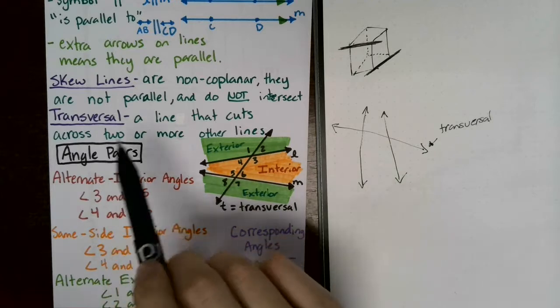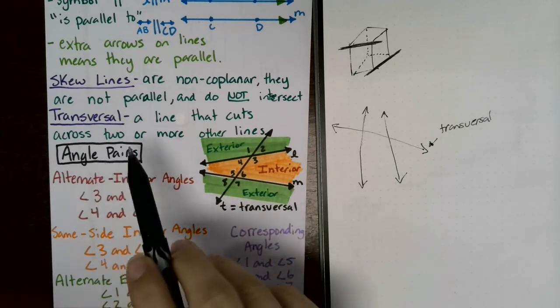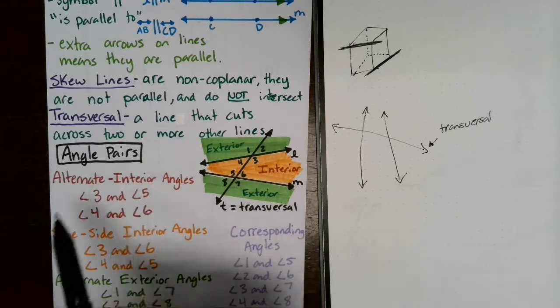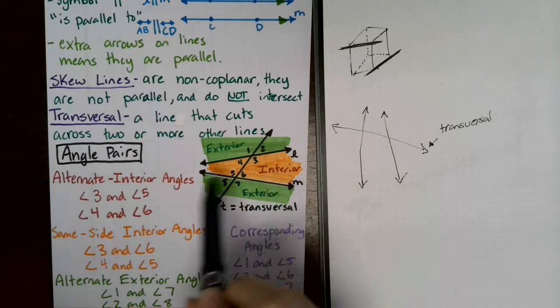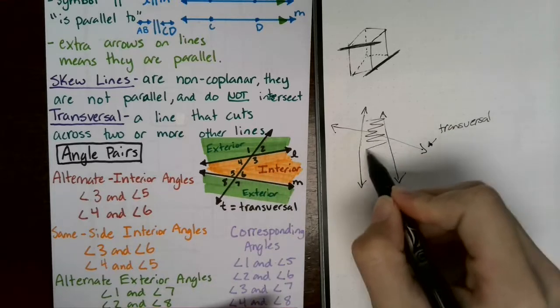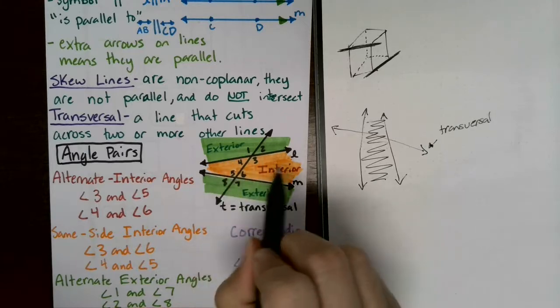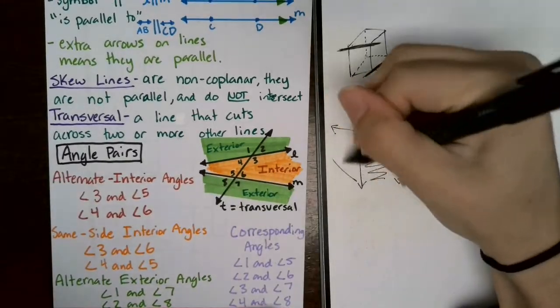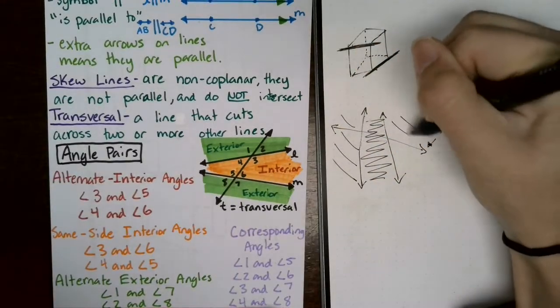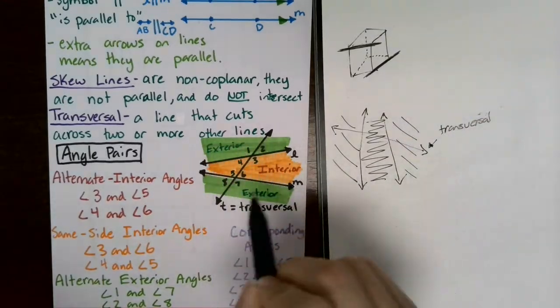So now with transversals, or two lines cut by a transversal, there are types of angle pairs, okay? So the way that you think of this is the space in between the two lines, so this space right here, that's called the interior, okay? So that's the interior. And then this space, that is called the exterior, okay?